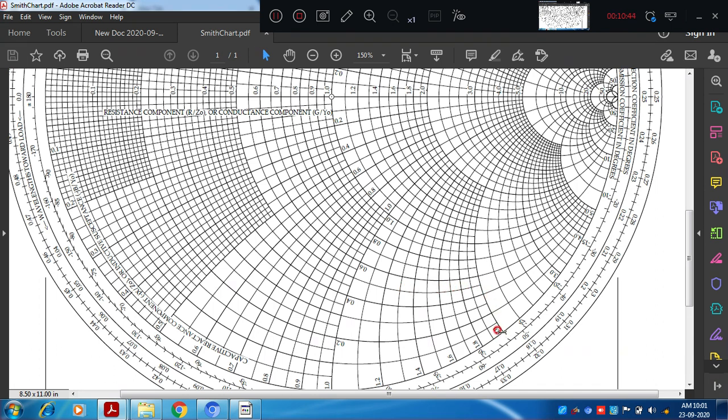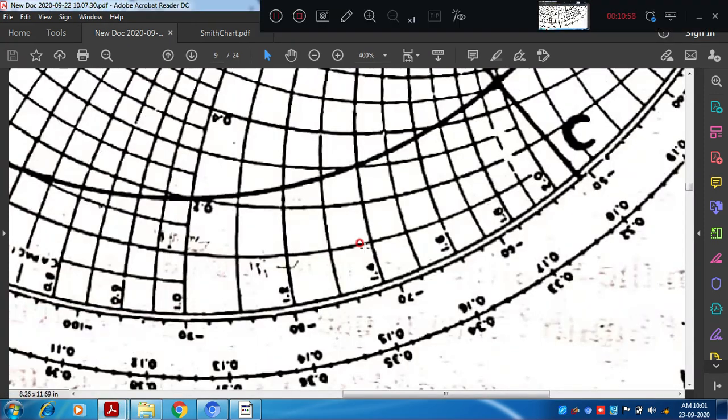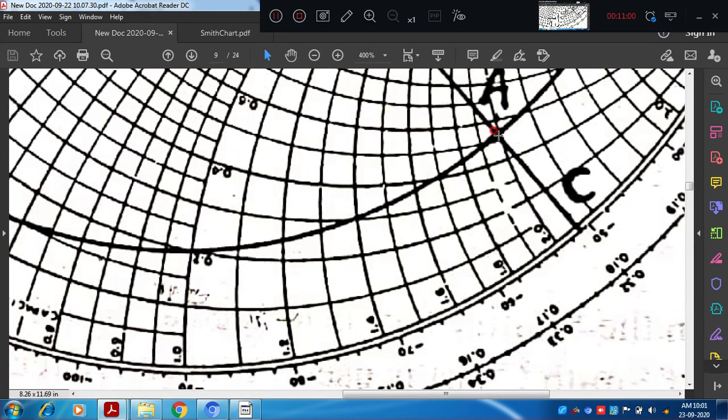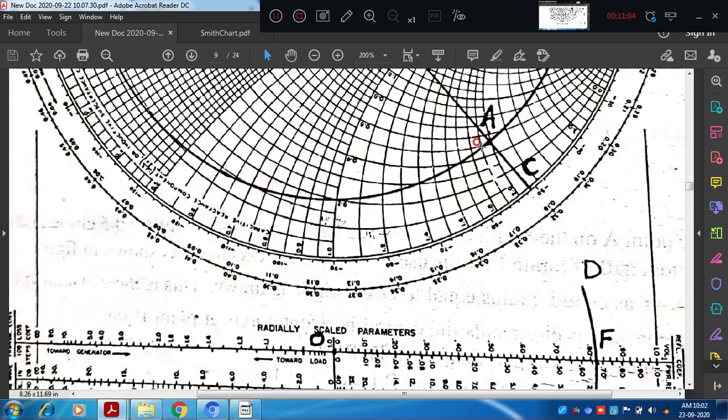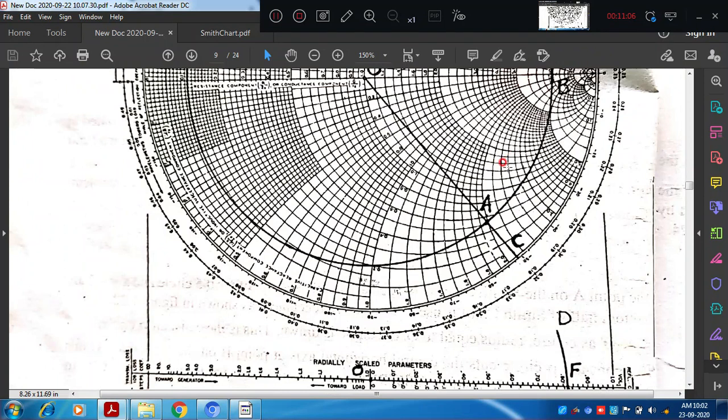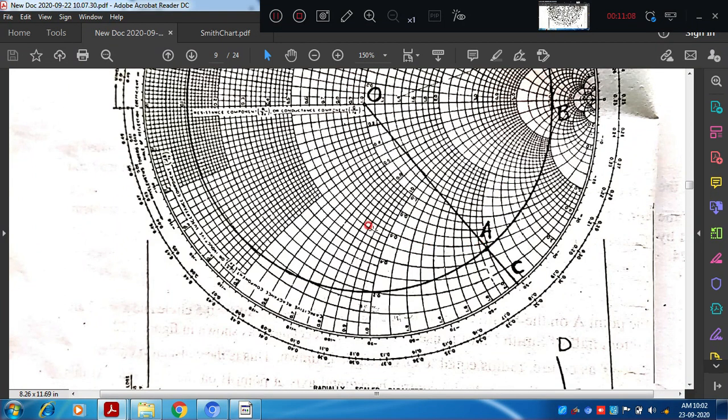But 2 is at this point. See, this is the point where constant resistance circle as well as constant reactance circle meet. So you make this point as, say, A, right? So now we'll see here. See, this is the point at the intersection, minus 2 as well as, see here, this line goes to say 0.5 here, right? So make this point A.